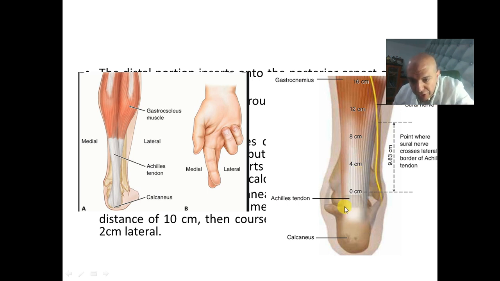It could be injured here or there, or most commonly in the watershed area, about 2 to 6 centimeter from the insertion. I inform you that the tendon length is about 10 centimeter. Its middle part is mostly injured because of its hypovascularity.